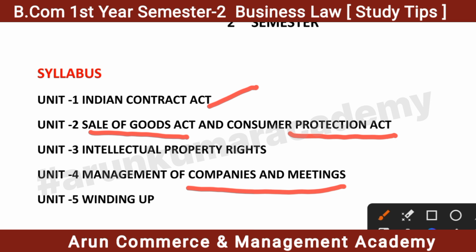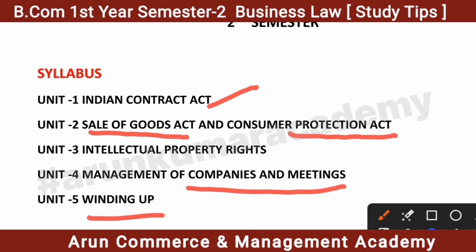And you need to follow two important documents, right? One is Memorandum of Association and one is Articles of Association. And from unit 5 also, winding up. So you need to focus much on Companies Act 2013, right? So please remember all these years and sections also.